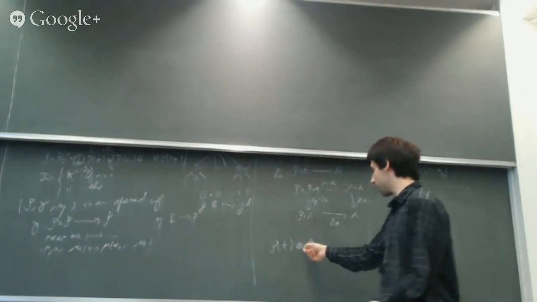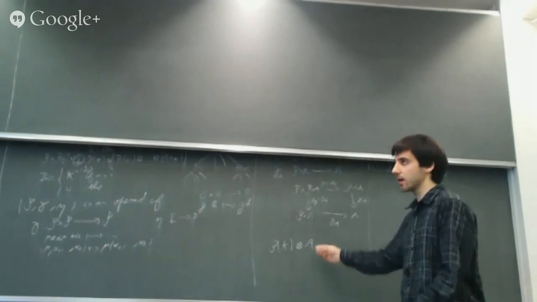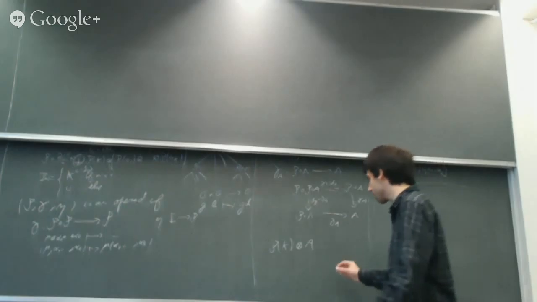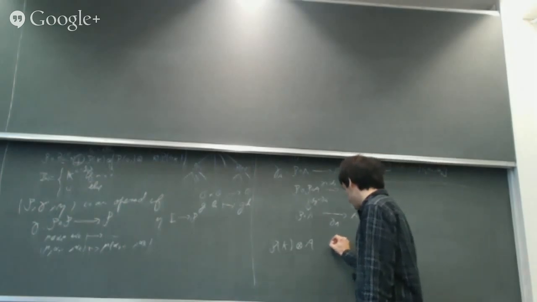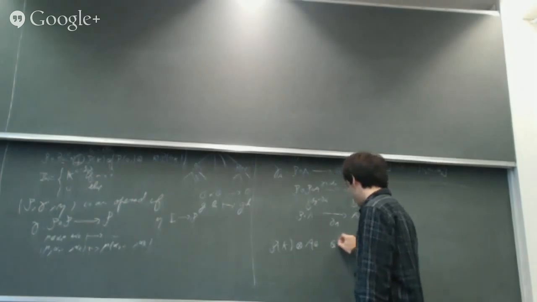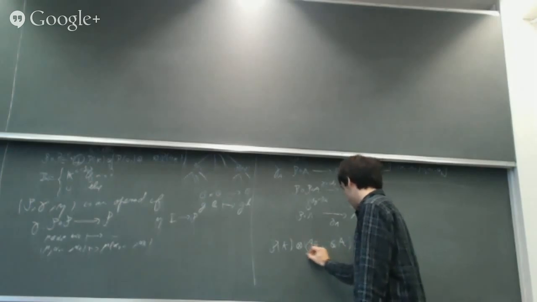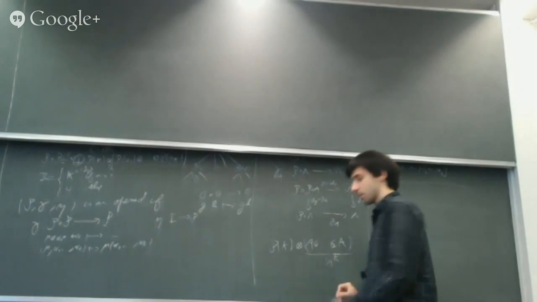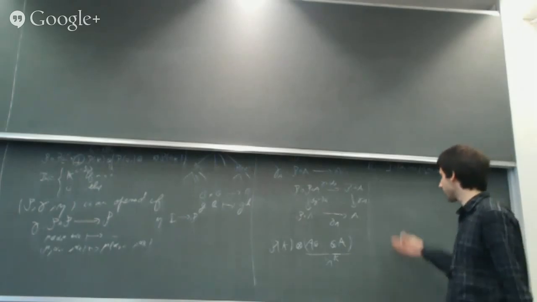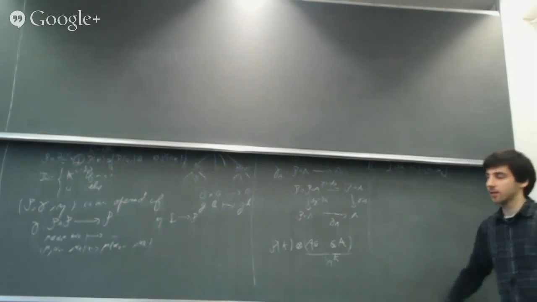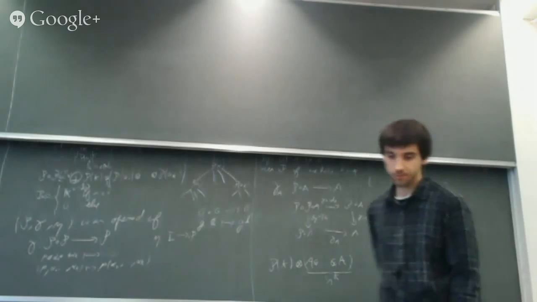So actually, since here A is identified with A0, you're tensoring K times A. In this case, you have a Lie bracket. Yes.